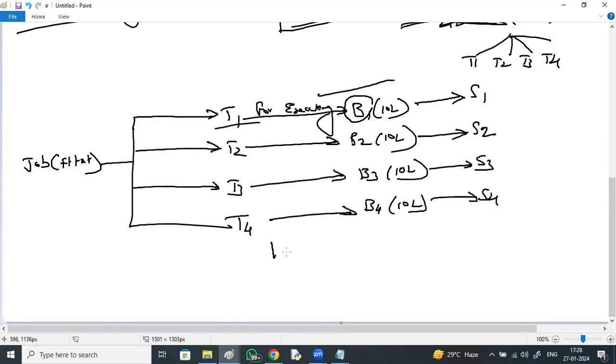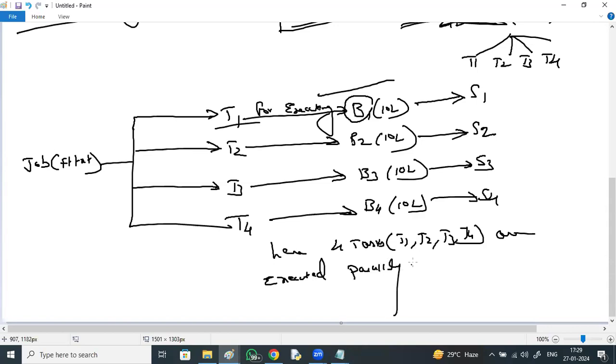So here 4 tasks, T1, T2, T3, T4, are executed parallelly by 4 slaves, S1, S2, S3, S4.